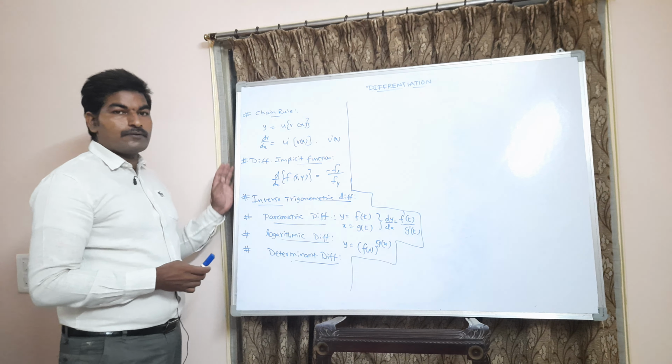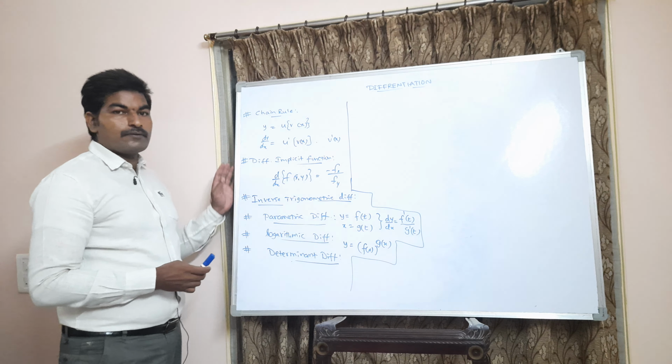So implicit function means that the function contains both variables, or n variables. Like for example, in your senior intro or junior intro, you know this kind of curve: ax square plus 2hxy plus by square plus 2gx plus 2fy plus c, equal to 0.